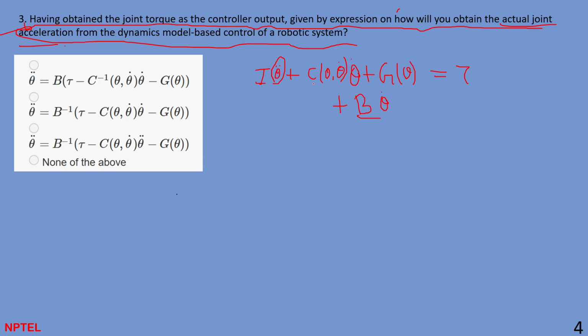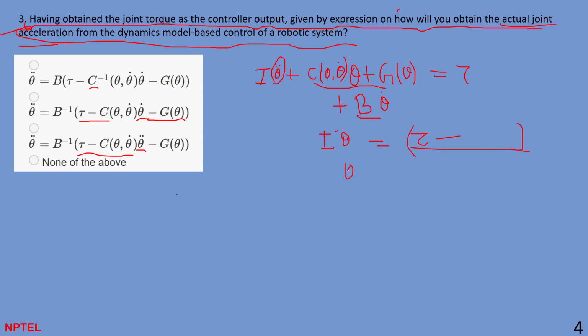We just need to take the other terms to the right hand side, so the right hand side is tau minus the remaining terms, and on the left you get I theta double dot.